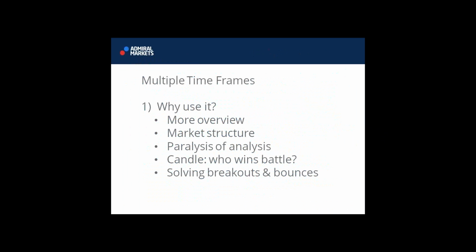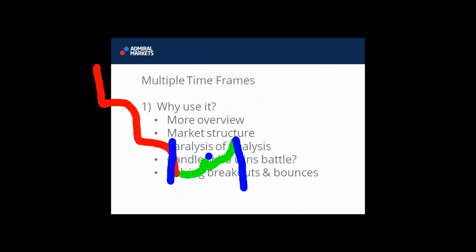So why use it, first of all? Basically, we have more overview. We get a sense of the market structure on a different time frame and can see things that are maybe not obviously visible when looking at a lower or higher time frame. If we're on a 4-hour chart and it looks like an uptrend, but then we zoom out to the daily chart and we see that price has actually been falling quite sturdily before that, and we only see this part on the 4-hour chart, we might get convinced that it's a very good buy.